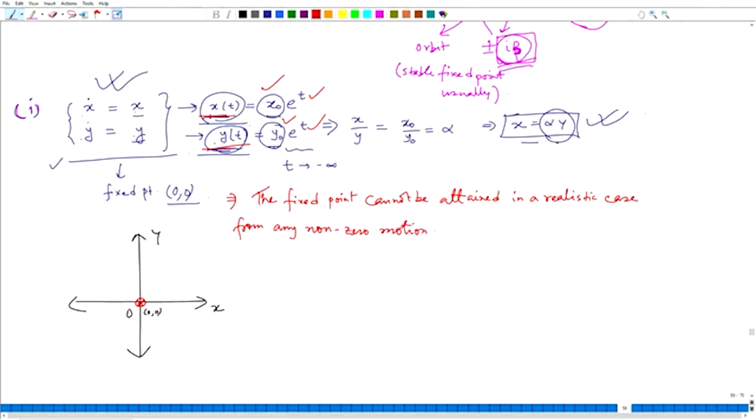So, there is no motion since the system is initially prepared at its fixed point. Now, if I perturb the system a little bit from 0, 0 to x prime and y prime, then you will always see that the phase space trajectories look like this.